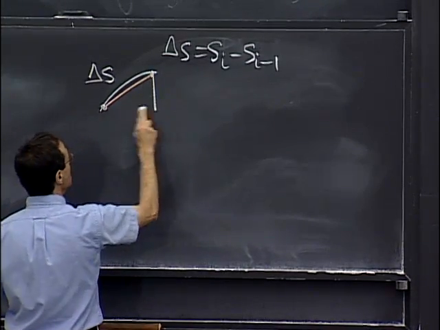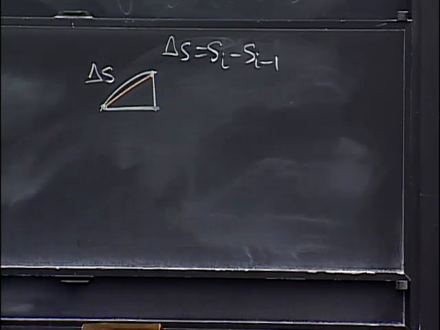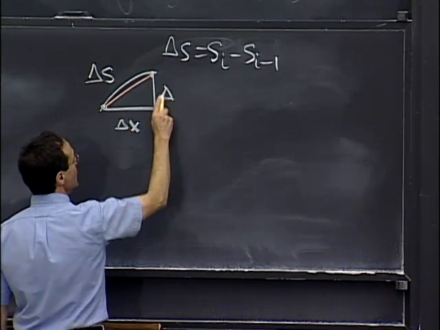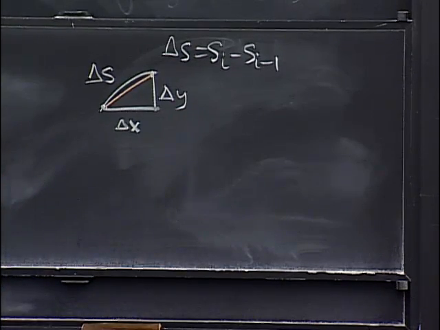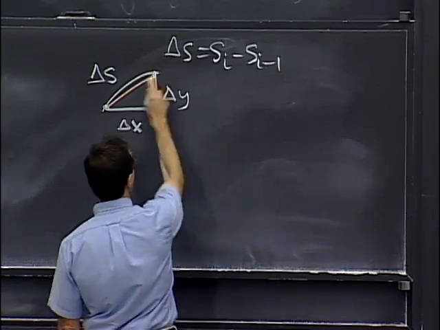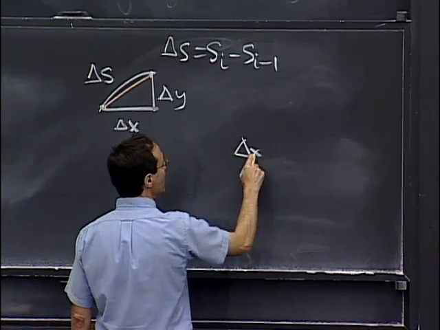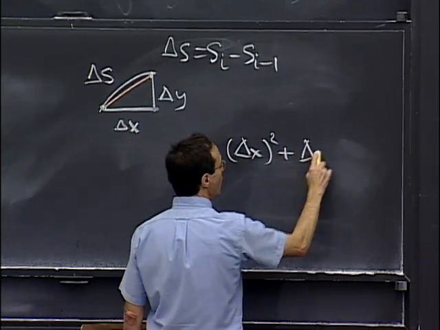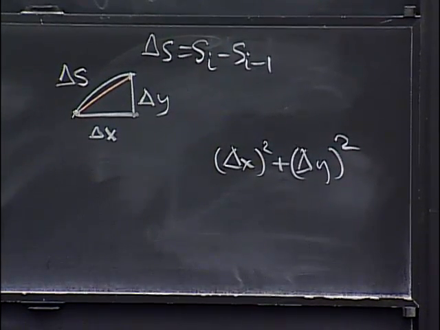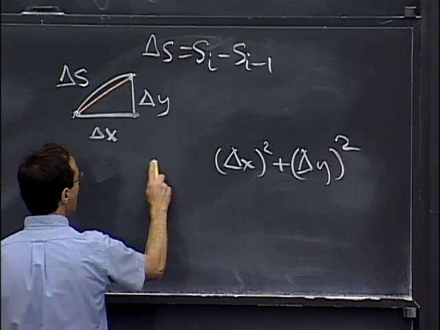And then I can figure out what the length of the orange segment is, because the horizontal distance is delta x and the vertical distance is delta y. And so the formula is that the hypotenuse is the square root of delta x squared plus delta y squared. And delta s is approximately that.